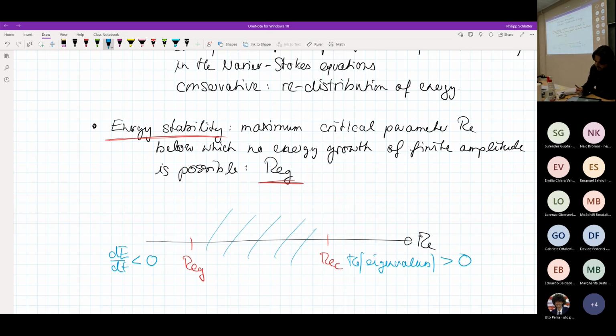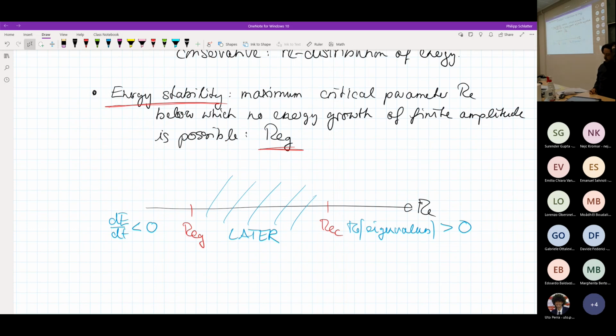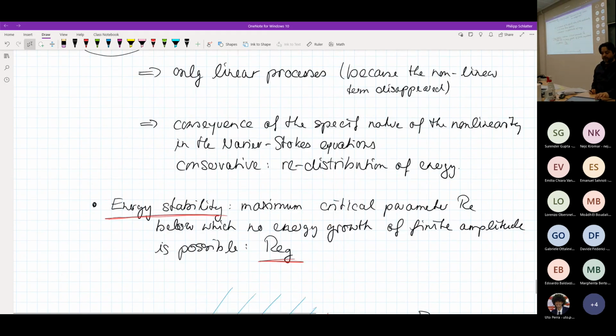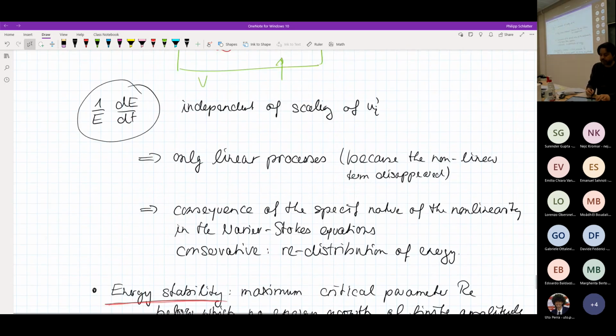What happens here in the middle, we will look at later. So that's the first kind of conclusion that we can draw from this interesting result of the growth of the energy.